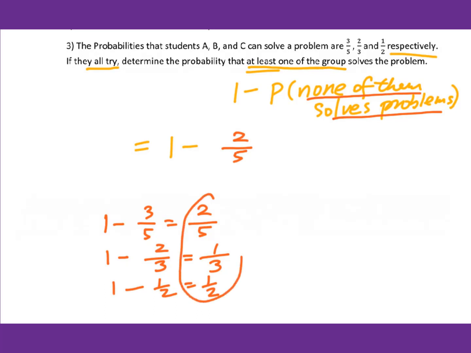This is the probability of not solving the problem. Therefore, we do 2 over 5 times 1 over 3 times 1 over 2. Then you will get 14 over 15.